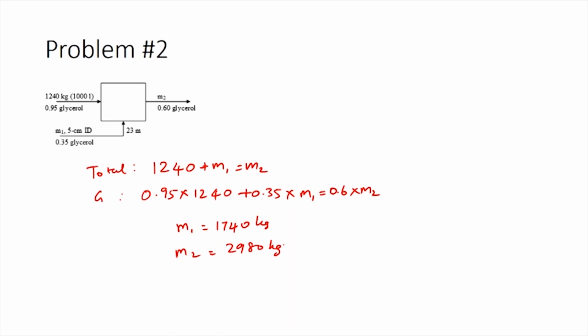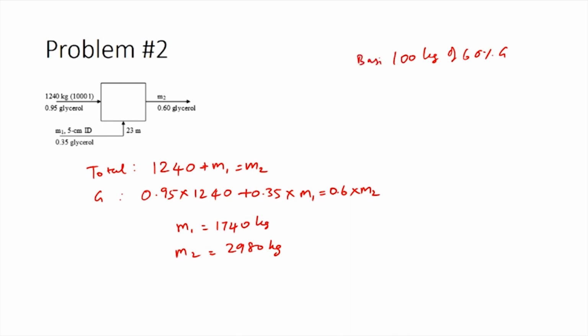The problem requires us not just to calculate the mass of 35% glycerol and 60% glycerol final solution, it has been asked that we calculate the volume of the final mixture which is 60% glycerol. For that we need to know the density of the final solution. Using the same techniques as earlier, we will calculate the density of the final mixture. So, you would again assume a basis of 100 kilograms of 60% glycerol.